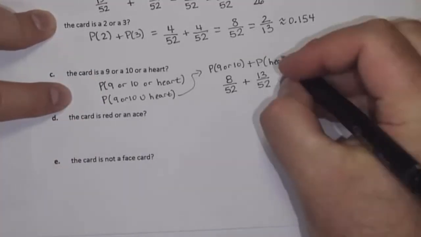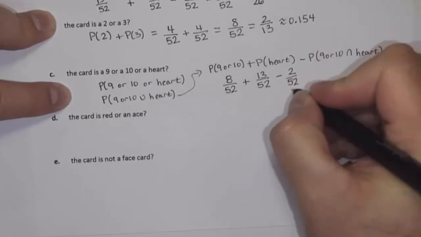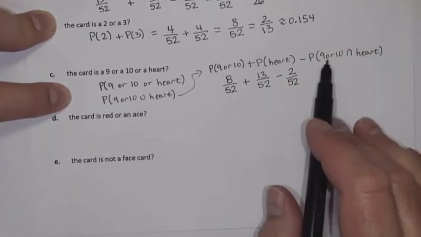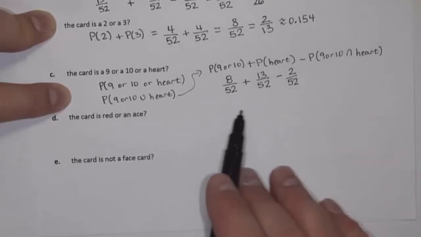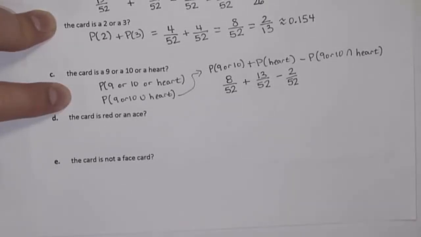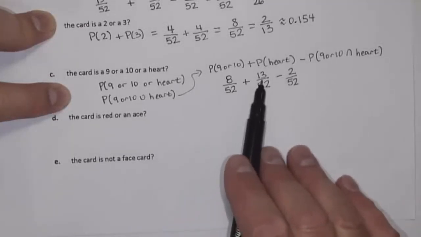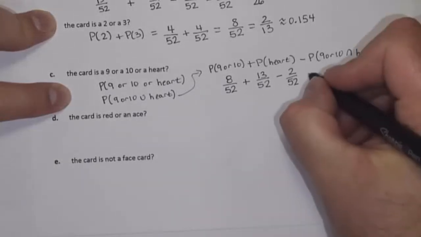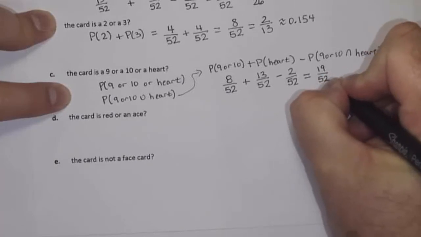So I'm going to subtract off 2 out of 52 because that is the intersection of 9 or 10 and being a heart. So now I figured that out. I just have to add it up and subtract. So 8 plus 13 is 21, and 21 minus 2 is 19. So that probability would be 19 out of 52.